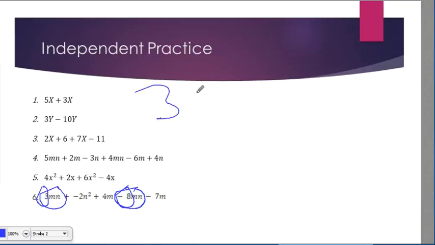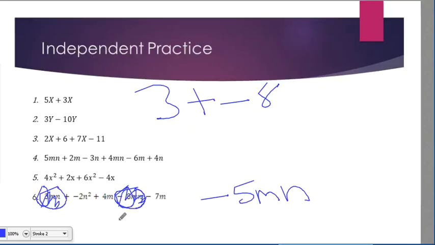So in your calculator, if you do 3 plus negative 8, you get negative 5mn. Okay. Then we have a negative 2n squared, and there are no other like terms. So negative 2n squared.